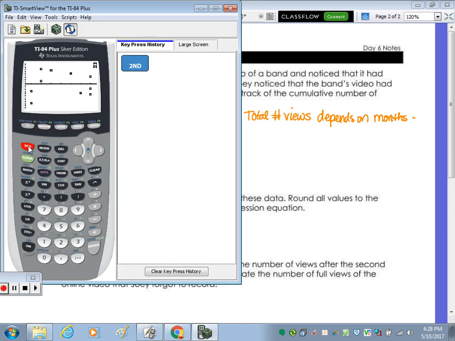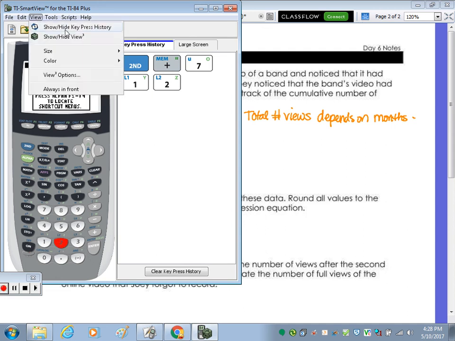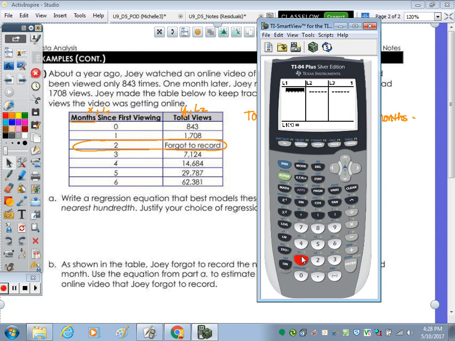So I'm going to reset the calculator. Let's go to Stat, Edit, List 1, List 2. So I have 0, 1, not going to put in the 2, so 3, 4, 5, 6.